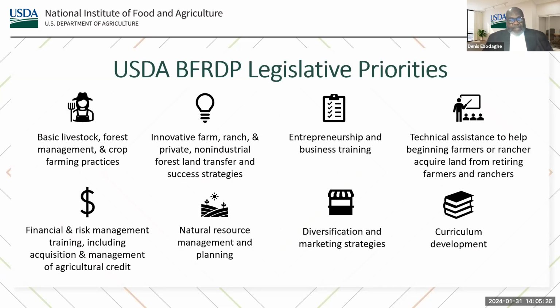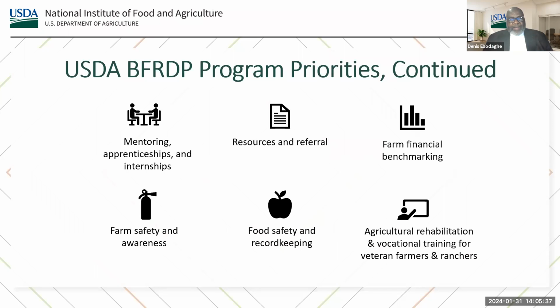Another one is marketing strategies, financial and risk management training, also mentoring, apprenticeships and internships, farm financial benchmarking, farm safety, food safety, and working with socially disadvantaged and veteran farmers and ranchers. Those are all important.